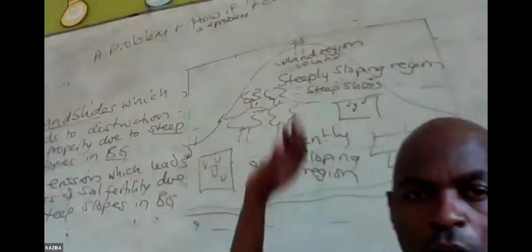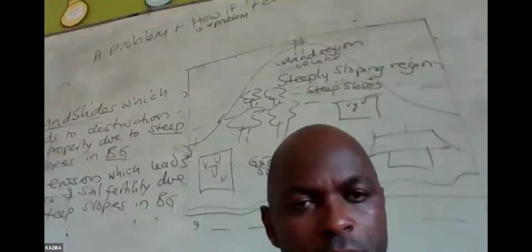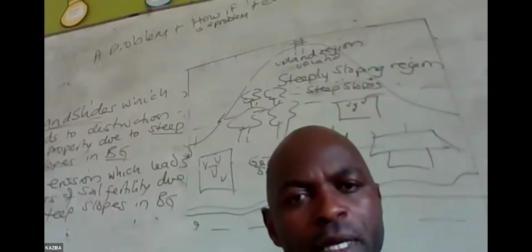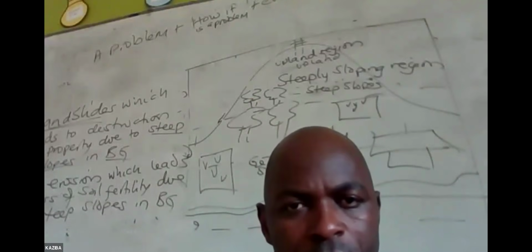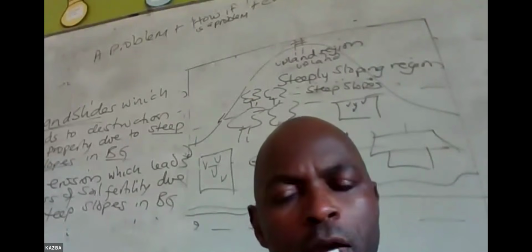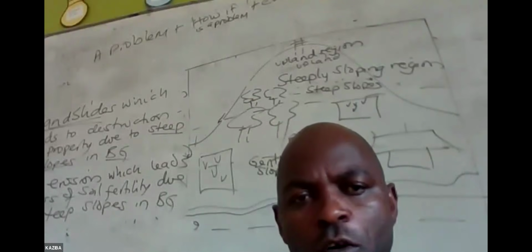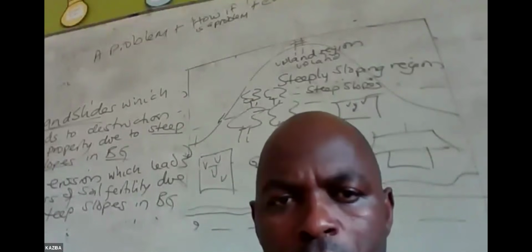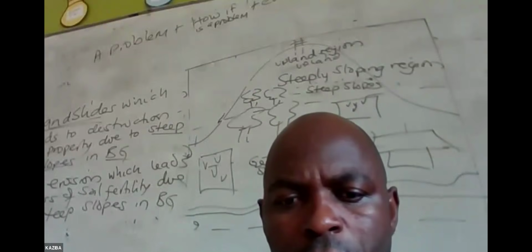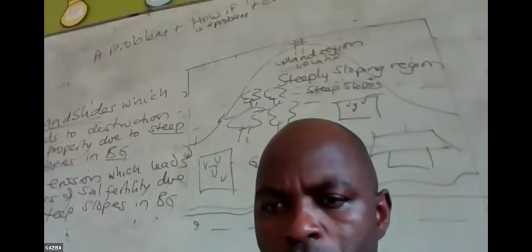For example, if the problem is landslide, show us how it is a problem. It is destruction of property, and yes? Ask before I continue.